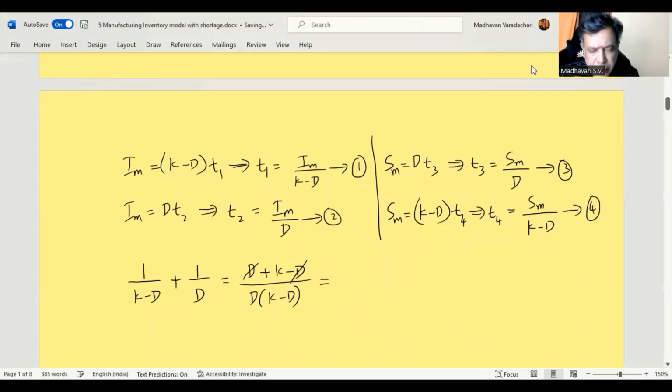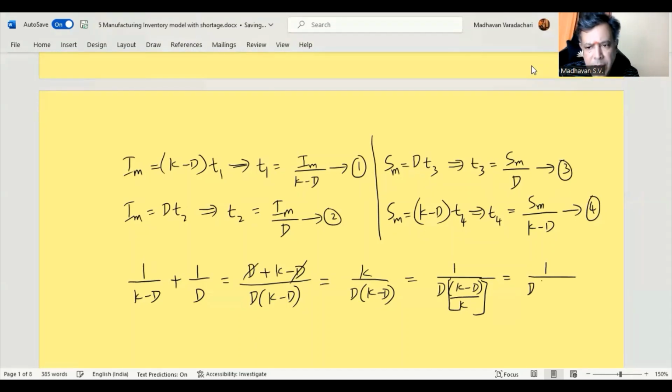We will get K divided by D times K minus D. If I bring that K to the denominator, we will have 1 divided by D times K minus D divided by K. Let us club this together. We can divide individually: K by K will be 1 minus D by K. So this will become 1 divided by D times 1 minus D by K.